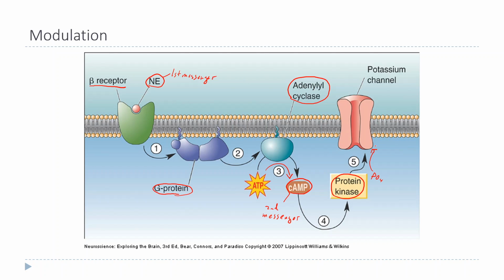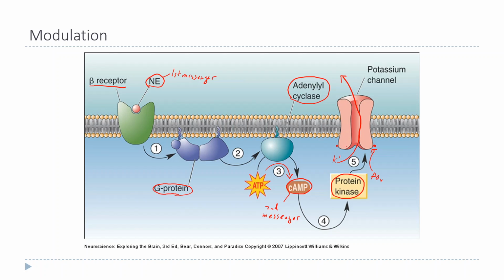One of the proteins that protein kinase A phosphorylates is a special kind of potassium channel. Potassium channels are exactly what you think they are. They're just those leak channels that most of the time are open, and they let potassium out. So if there's potassium present and there's an open potassium channel, potassium will leave, and that will keep the membrane potential low or hyperpolarized, because potassium leaving makes the cell more negative.